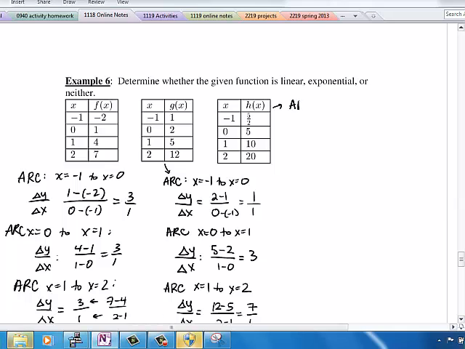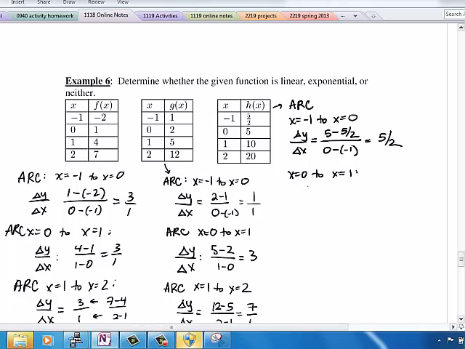So the average rate of change between x equals negative 1 and x equals 0. We've got 5 minus 5 halves over 0 minus negative 1, so that would be 5 halves. x equals 0 to x equals 1.